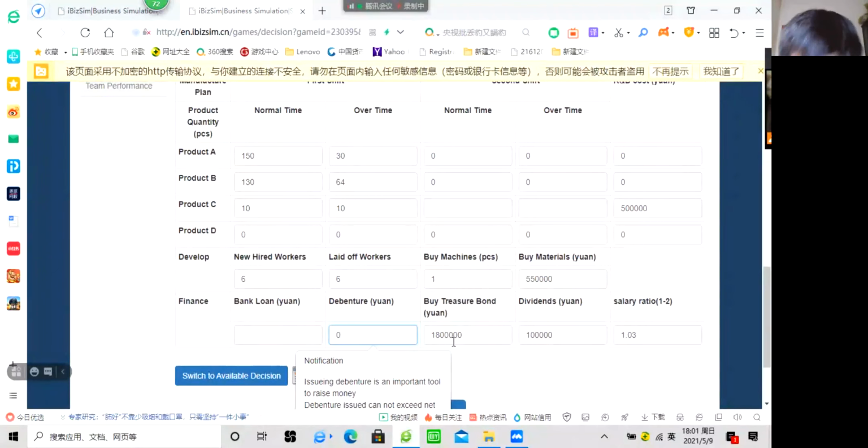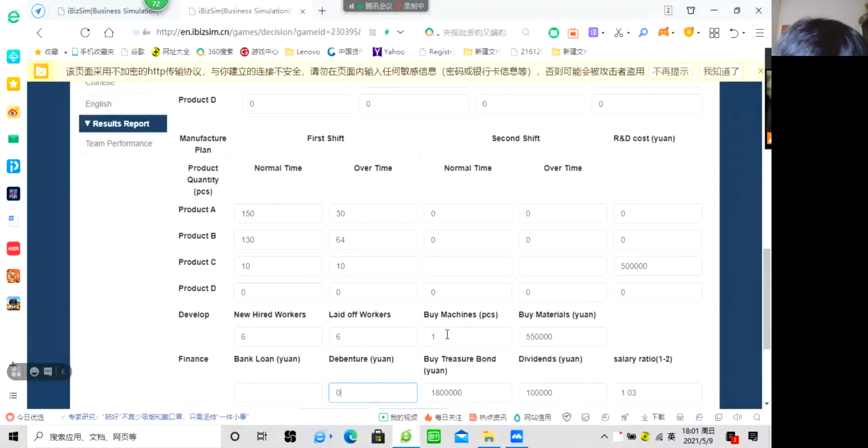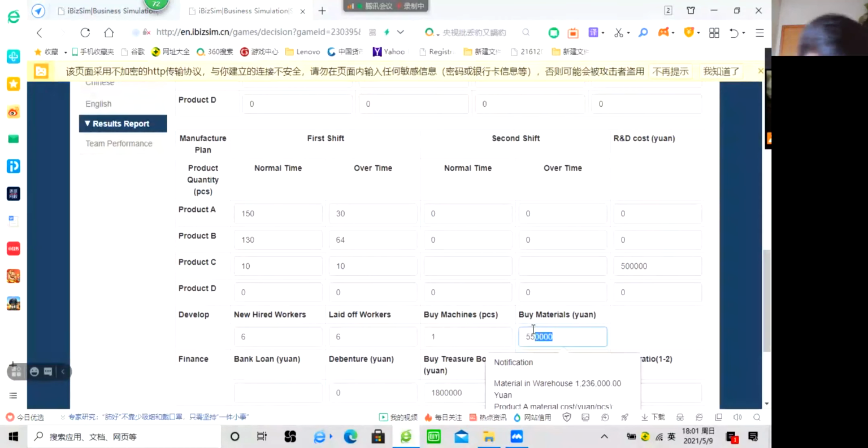So for our three companies, CEO, you buy machines, should buy 10, should buy 30, should buy 40. Okay, should buy 40. And how can you buy material? How many materials we need to buy should go through Lindu.